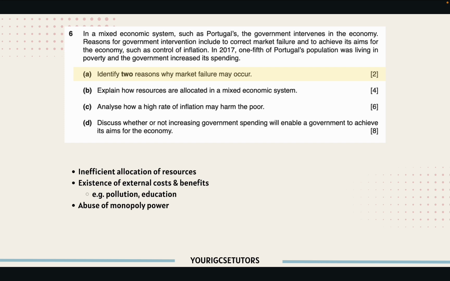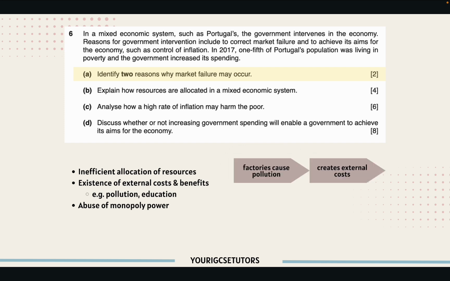So it could be due to inefficient allocation of resources, because market failure occurs when the market doesn't allocate scarce resources efficiently. And it could also be due to existence of external costs and benefits.